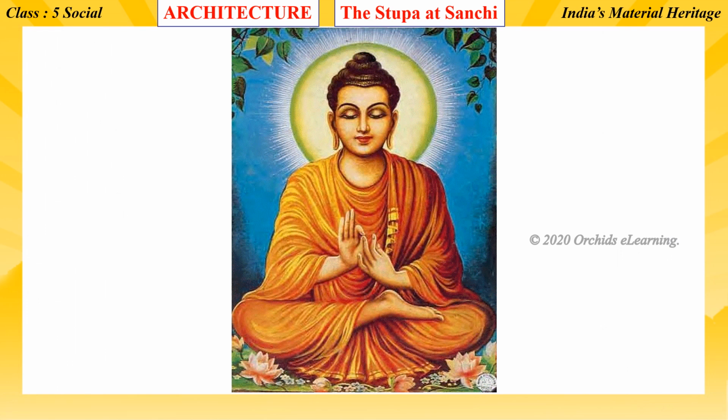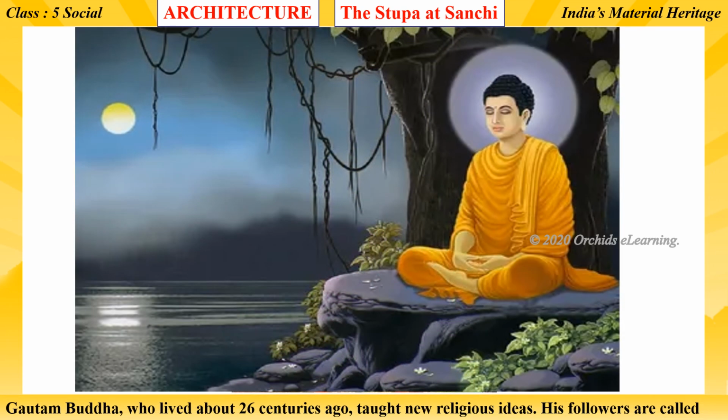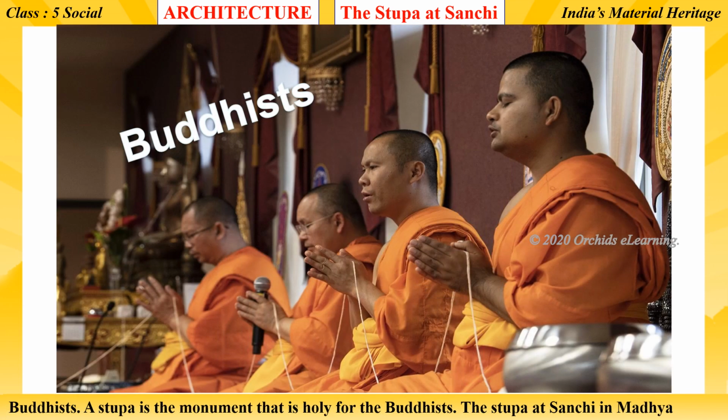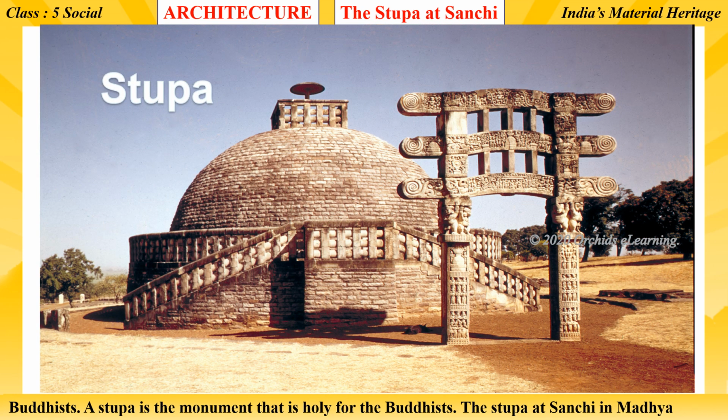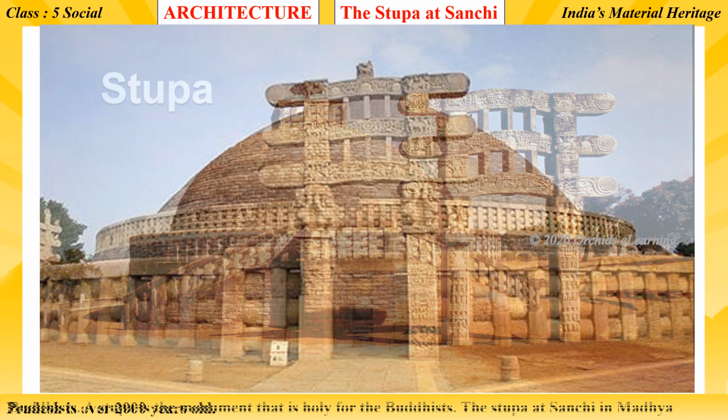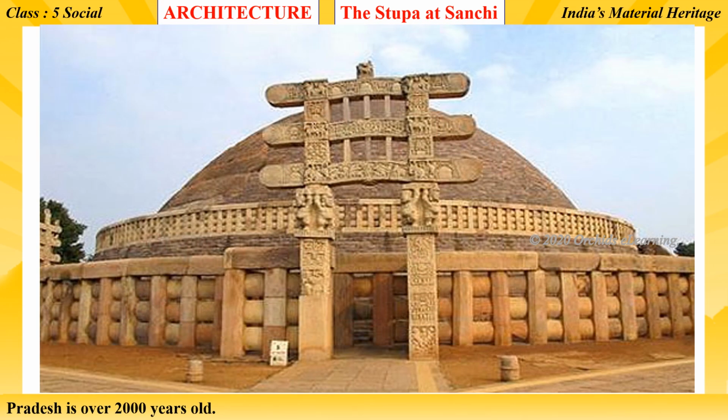Architecture. The stupa at Sanchi. Gautam Buddha, who lived about 26 centuries ago, taught new religious ideas. His followers are called Buddhists. A stupa is a monument that is holy for the Buddhists. The stupa at Sanchi, in Madhya Pradesh, is over 2000 years old.